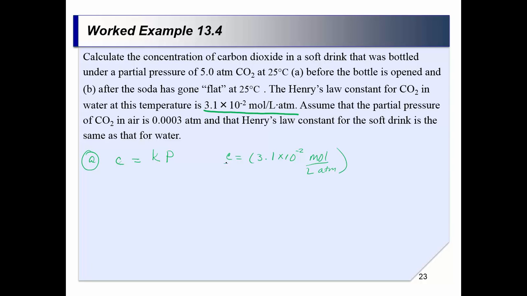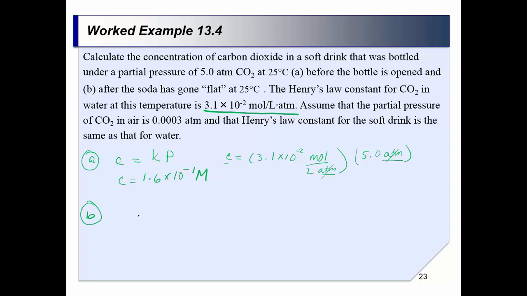Notice how we're looking for moles per liter, so we must multiply this by a pressure. In this case, the pressure is 5.0 atmospheres. Notice how our units match and cancel out. So 3.1 times 10 to the negative 2 times 5 equals a concentration of 1.6 times 10 to the negative 1 capital M molarity.